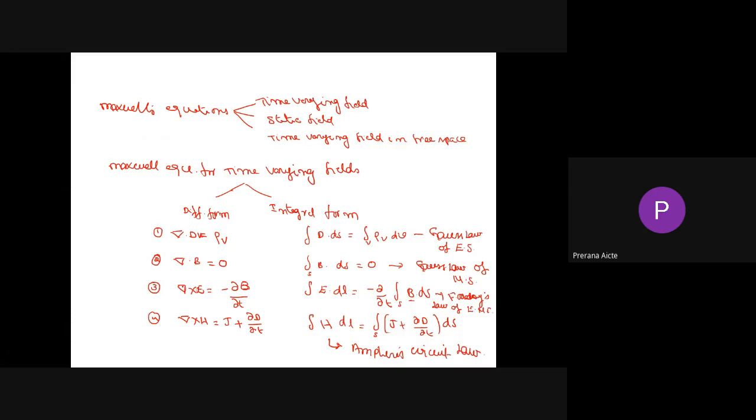Now del cross E is equal to minus dou B by dou T. That is the electric field in terms of magnetic flux density.